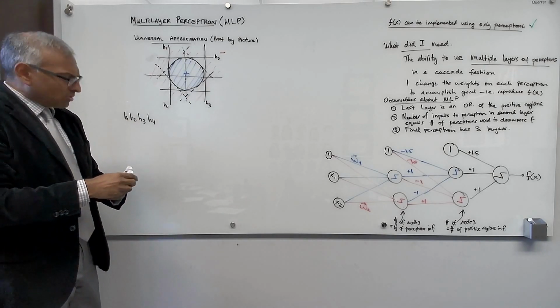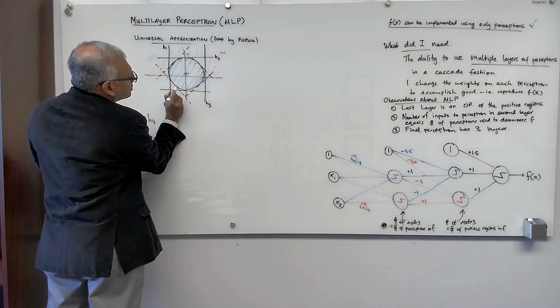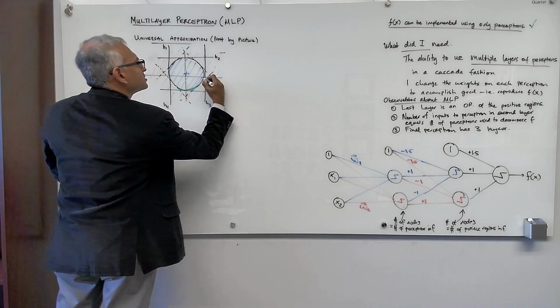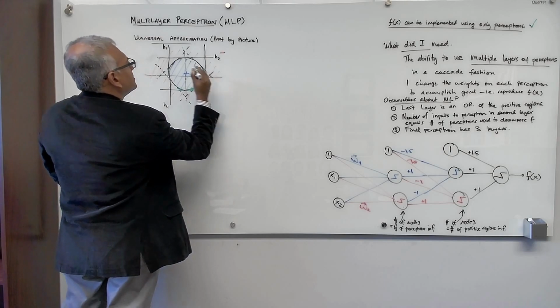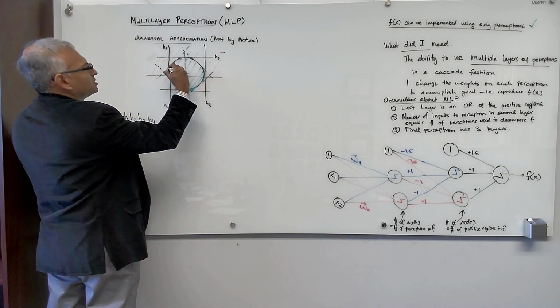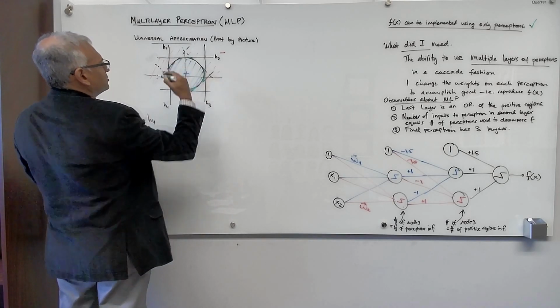Let me show you the region of error. The region of error now is these small green regions here and here. Not drawing too well, but you get the idea.